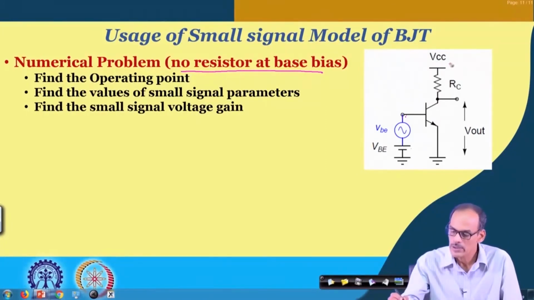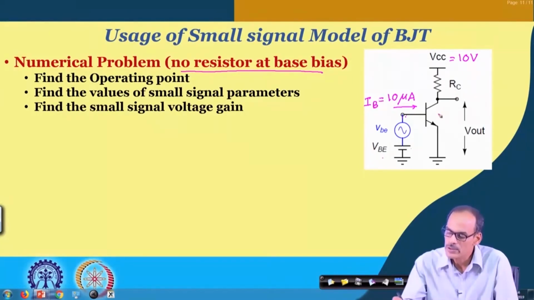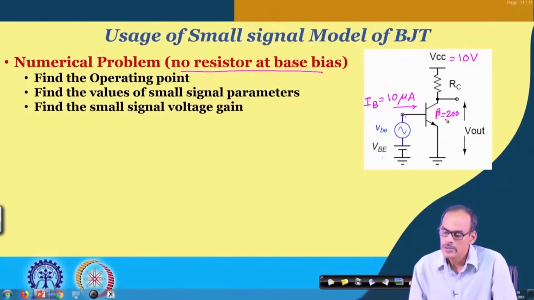We have a supply voltage of 10 volt, and let us consider this VB such that the base current capital IB is 10 microampere, and the beta of the transistor is 200.